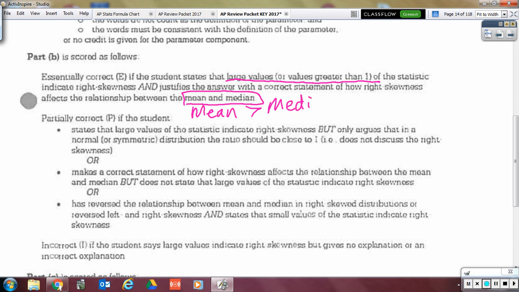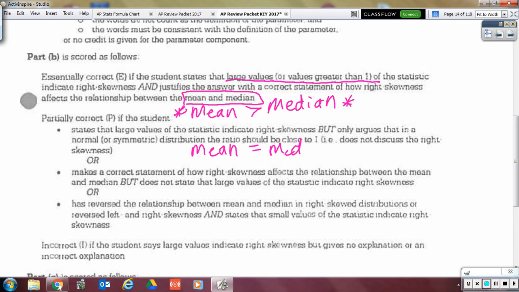Okay, but here is a way that you could have gotten partial credit, or could have gotten knocked off for this little guy right here. This little guy right here had to reference the mean being greater than the median. If all you talked about was you said it needs to be large values because if the mean equals the median, then it's symmetric.